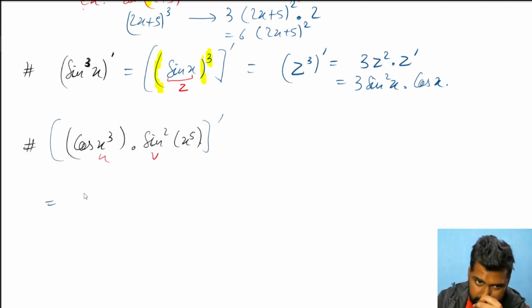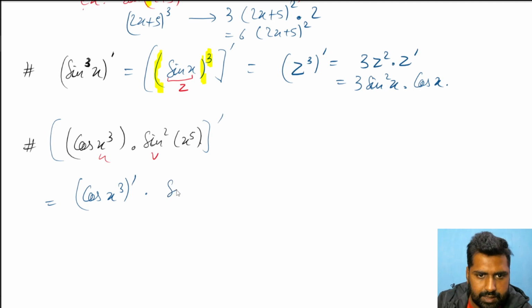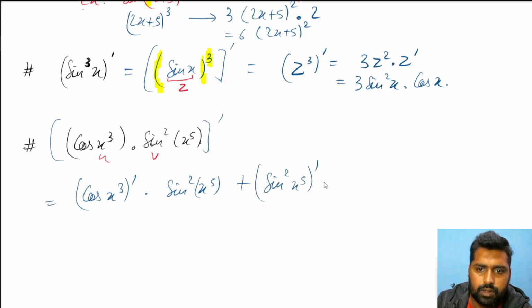So it becomes the differentiation of cos x cube times sine square x raised to power 5 as it is, plus the differentiation of sine square x raised to power 5 times cos x cube as it is. Okay, u dash v plus v dash u.